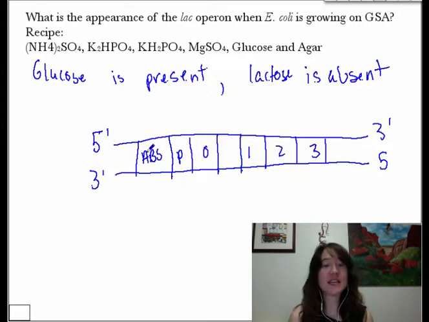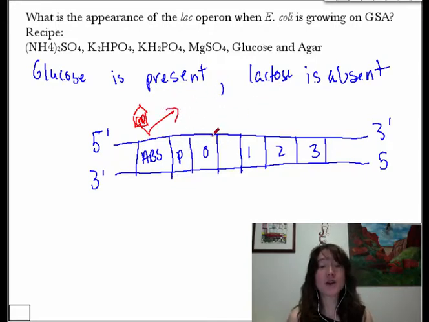So we recognize that neither switch is on. So said another way, glucose is present, meaning cyclic AMP is absent, meaning that CAP, or catabolite activator protein, is totally denied. Now at the operator site, remember that's responding to the presence of lactose.